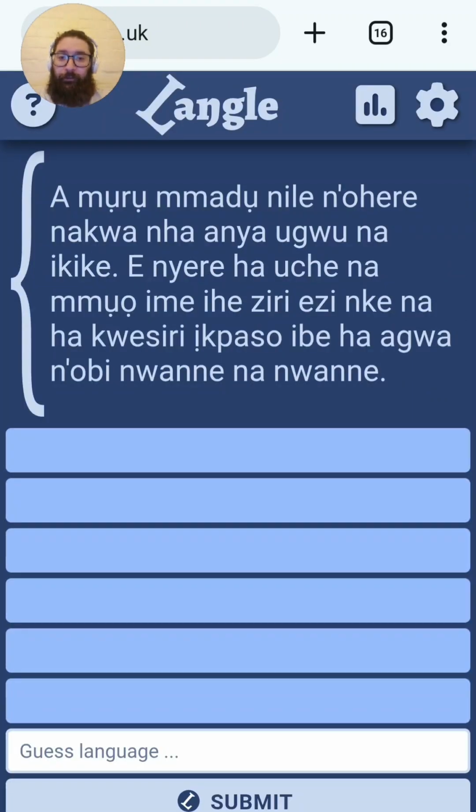And finally, we make our way to level 3. And as ever, I look at this and I go, let's try and pick out some things here. So this is clearly not an agglutinative language.